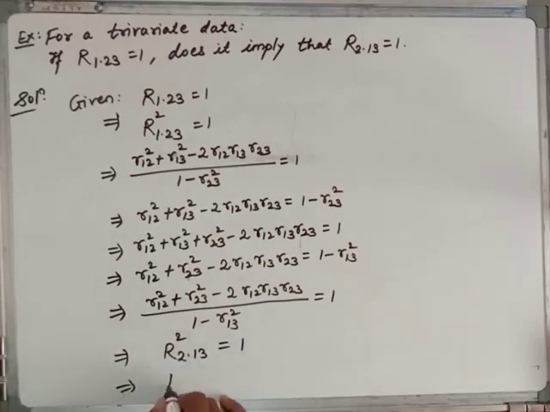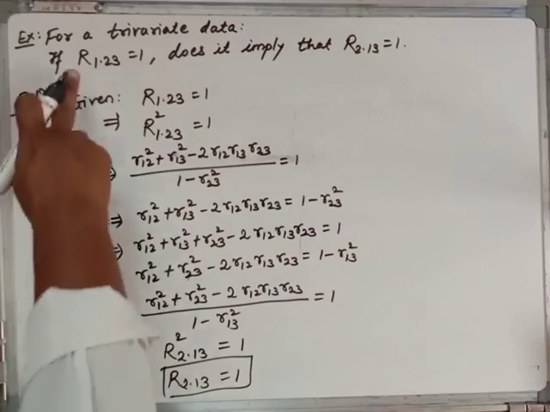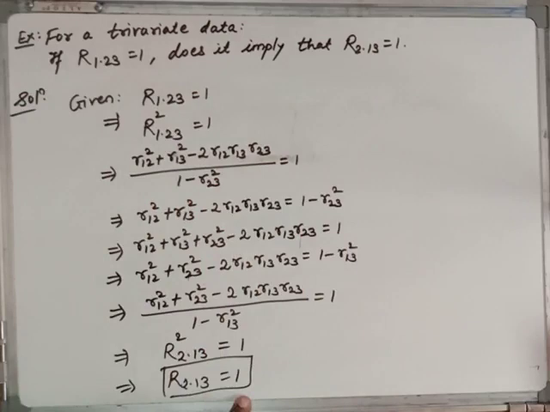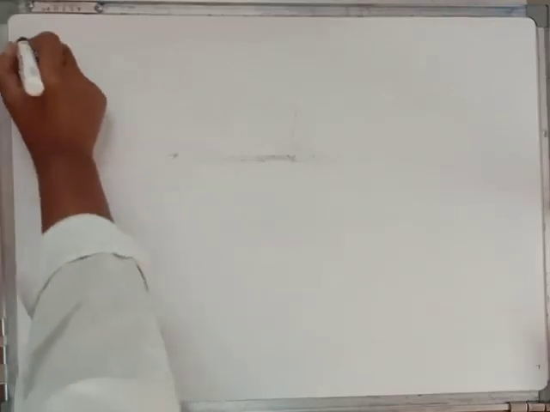So it says R2.13 is what? 1. So that is the answer. It means if R1.23 is 1, it implies R2.13 is also 1. Okay. Next one. Next example.